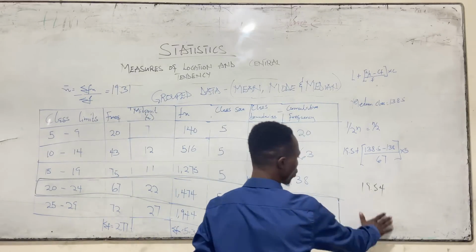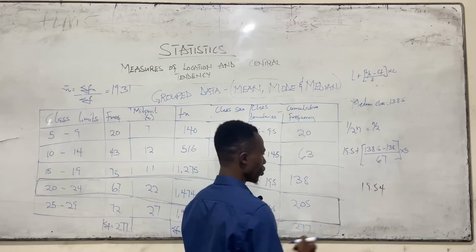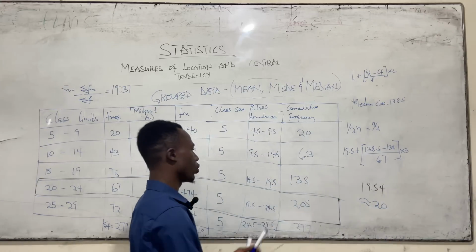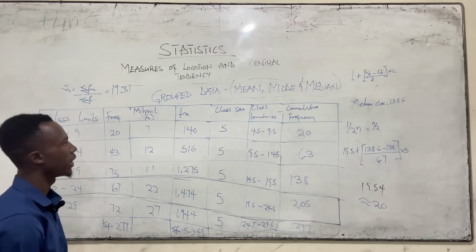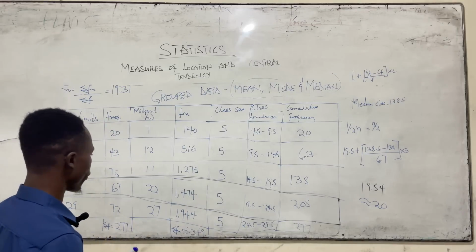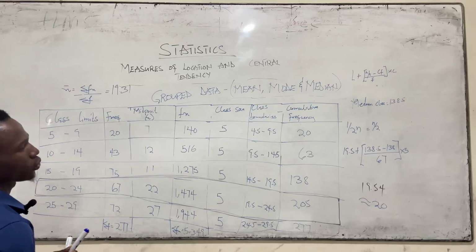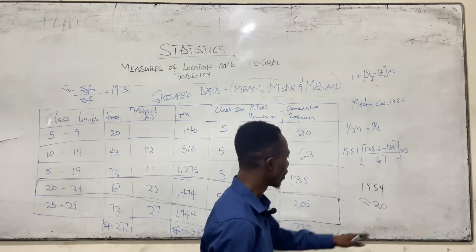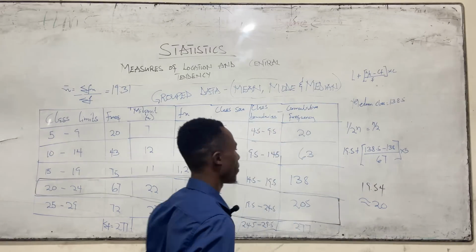Sometimes you can just round it off depending on the question to get 20. Do you get it? But sometimes you maintain it. That is why, because of the table, we are getting 19.54. But in most cases you get 20 and above.